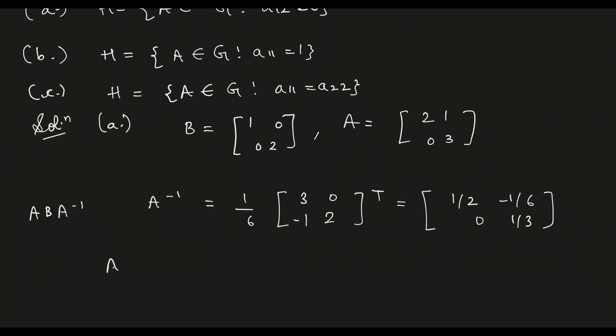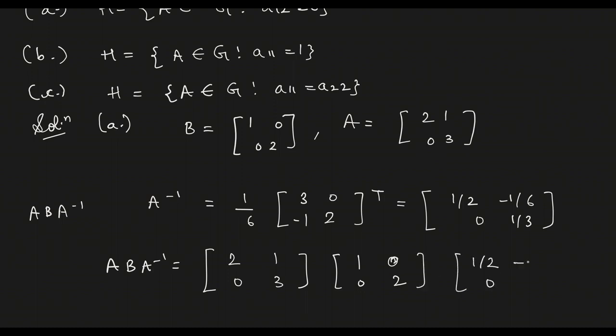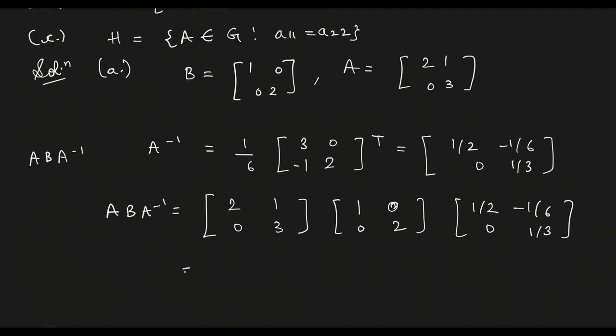Now A B A inverse is 2 1 0 3 times 1 0 0 2 times A inverse, 1 by 2 0 minus 1 by 6 1 by 3. So 2 2 0 6 times 1 by 2 0 minus 1 by 6 1 by 3.